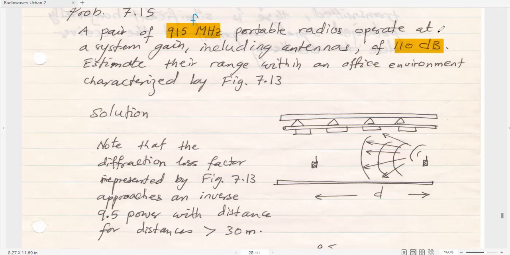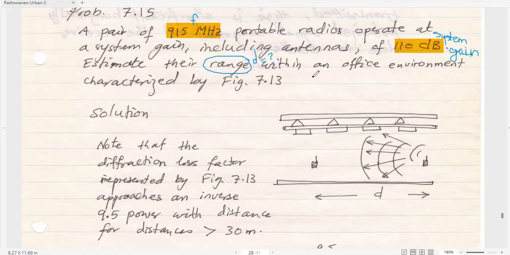This is the total gain, including antennas, the system gain. Estimate their range, the distance. We want to find the distance between them.